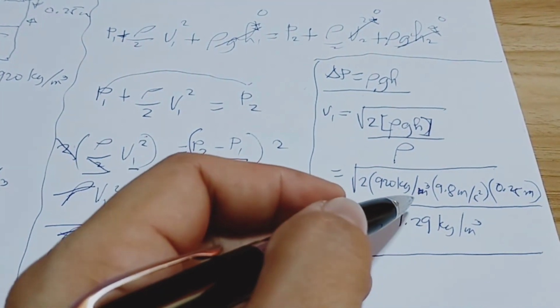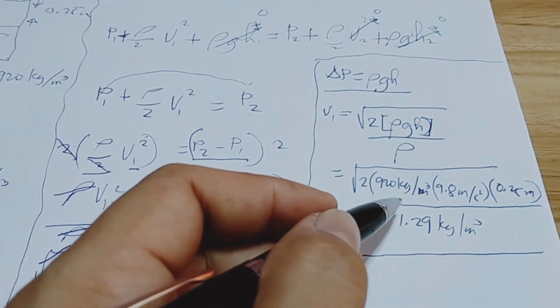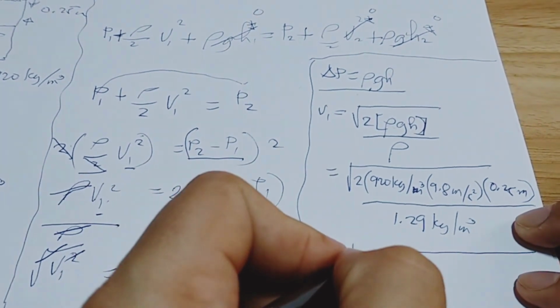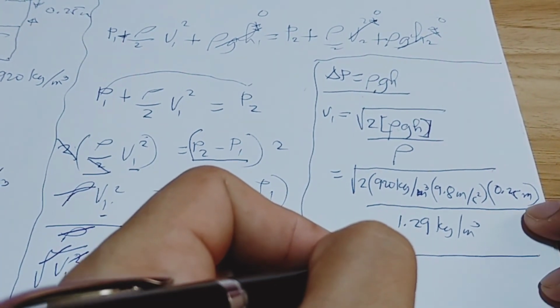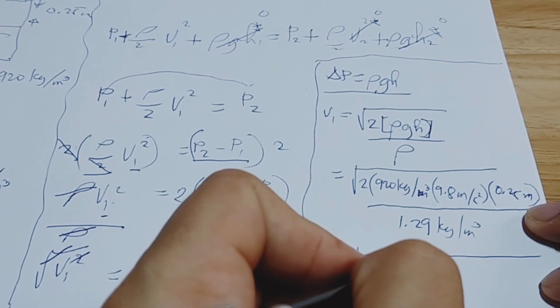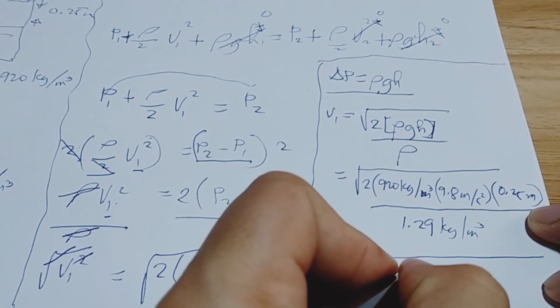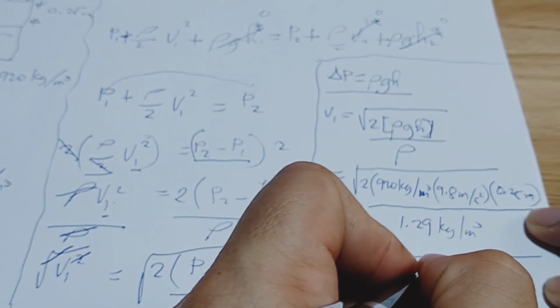pag minultiply po natin to, 920 times 9.8 times 0.25, that is 2,254. Sulat mo lang muna yung mga unit measure.